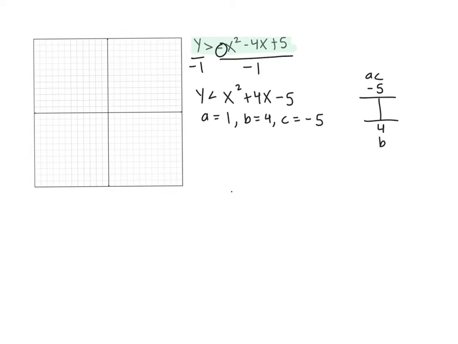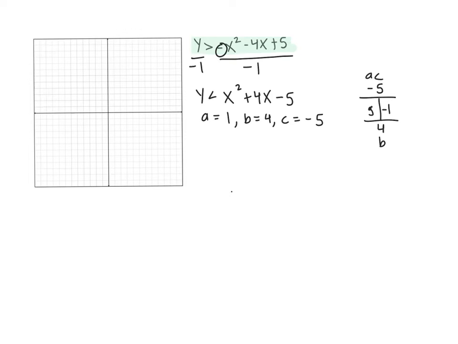I need two numbers that are going to multiply to give me -5 and add to give me 4. So I need 5 and 1. And I know that one of those numbers has to be negative in order to give me -5, so that's going to be my -1. 5 minus 1 gives me 4. 5 times -1 gives me -5.